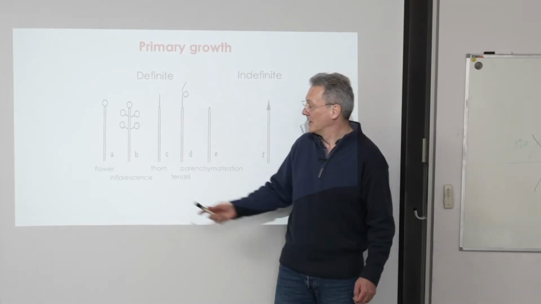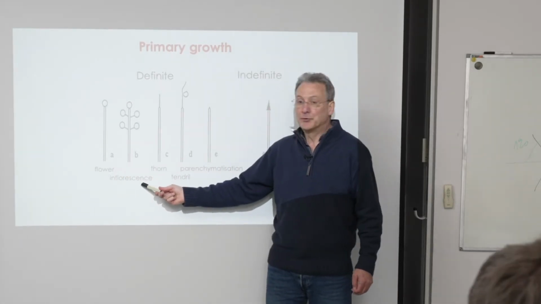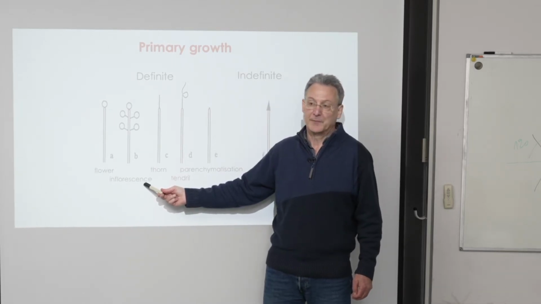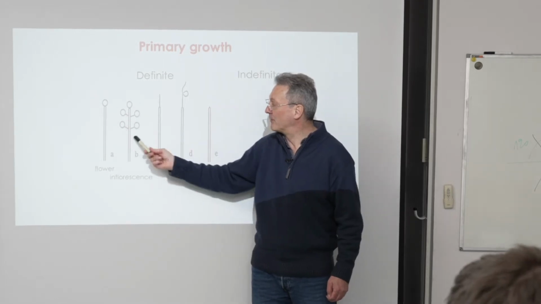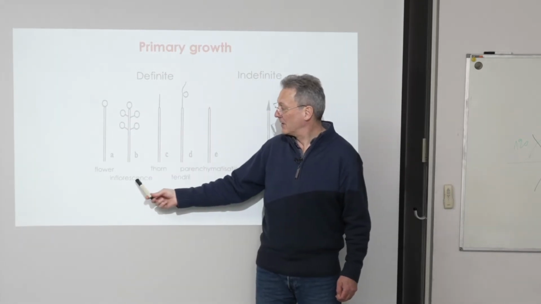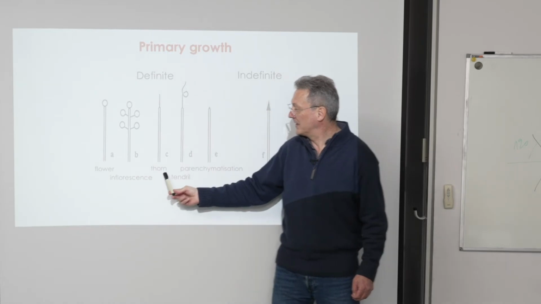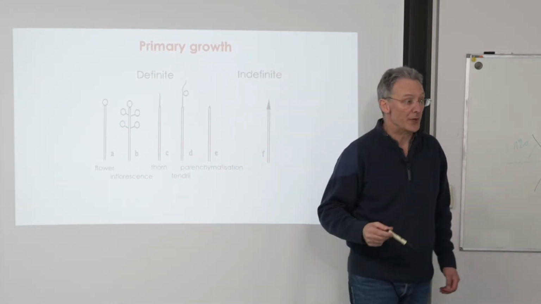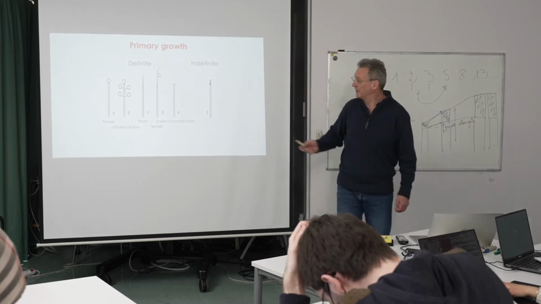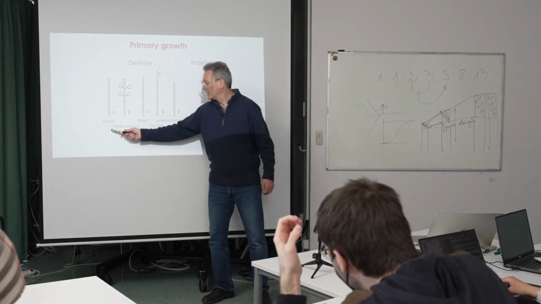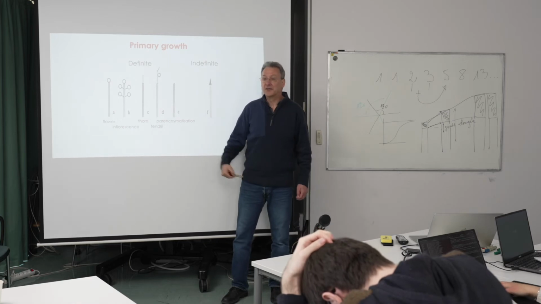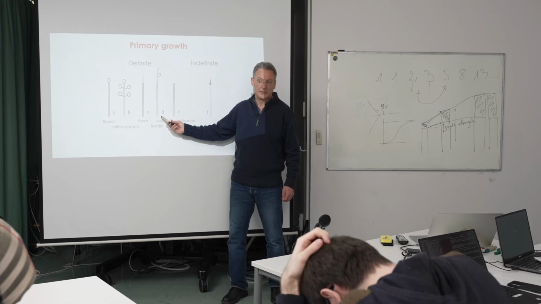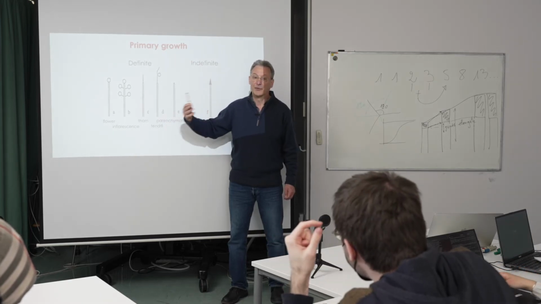But it can also produce something a bit more complicated. Instead of producing one flower, it will produce a branching system of flowers. It can produce a thorn, it can produce tendrils, it can go different ways. But in all these cases, the stem will stop growing because the meristem transformed into something.